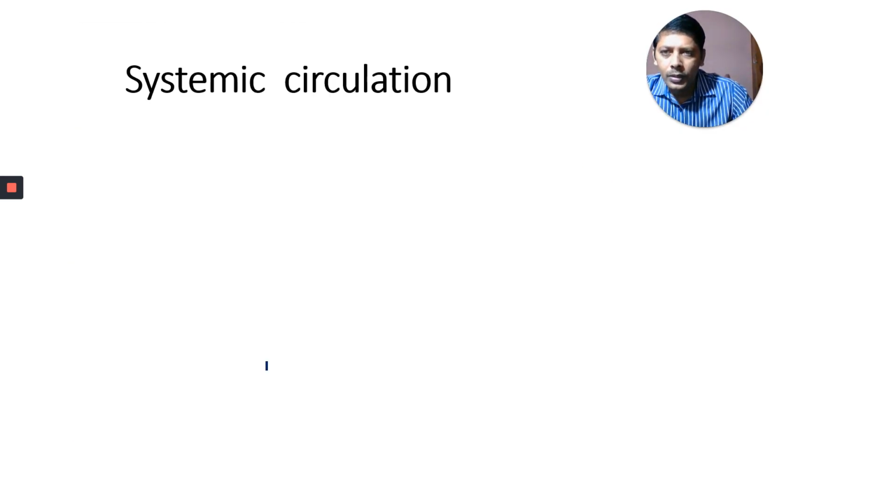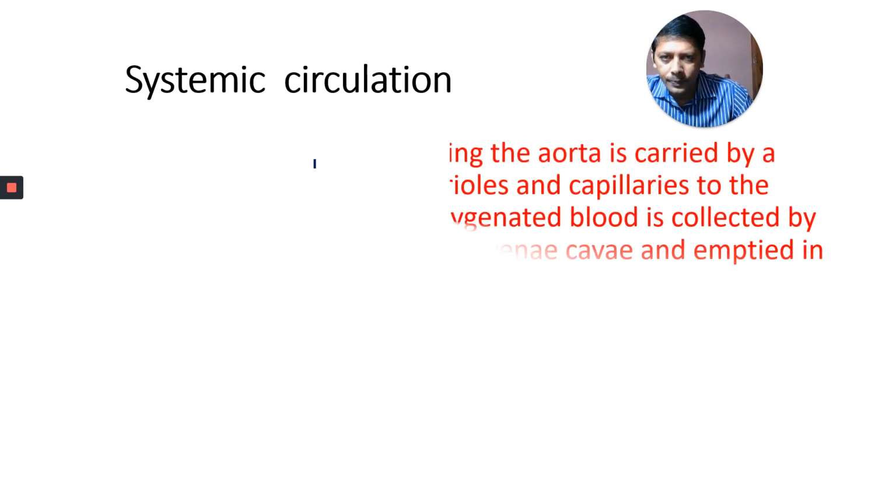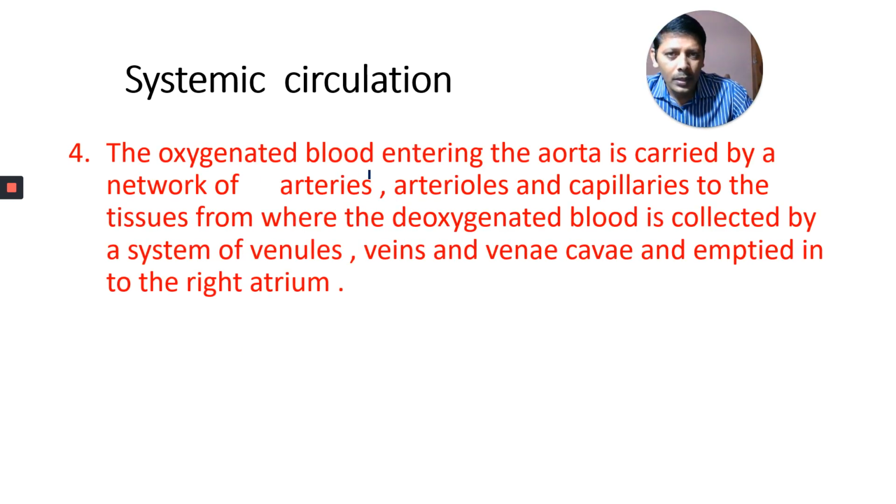Come to the next part, systemic circulation. The oxygenated blood entering the aorta is carried by a network of arteries, arterioles and capillaries to the tissues. Earlier, I told you that blood from the left ventricle is pumped into the aorta.